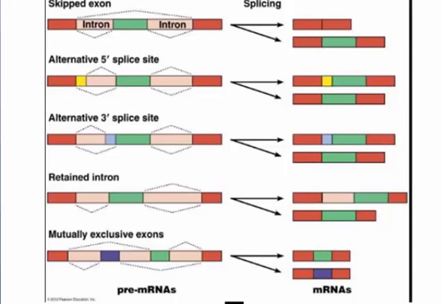So in the alternative 5' splice site, there is a 5' splice site and there is a 3' splice site. Something happens in this mRNA, so that the alternate 5' splice site will attach with the exon. Here is the 5' splice site and the alternative 3' splice site.